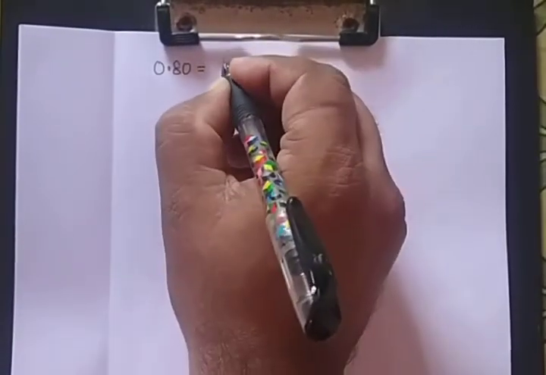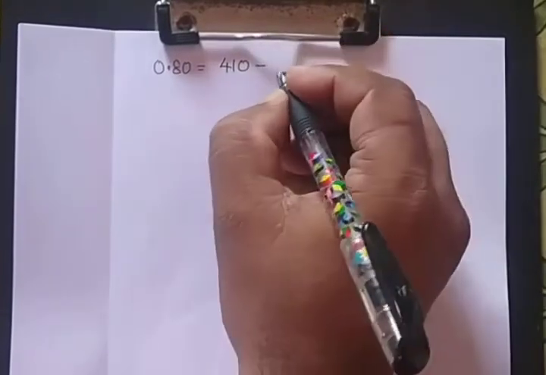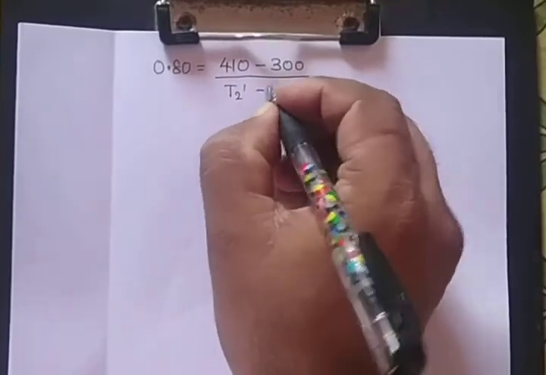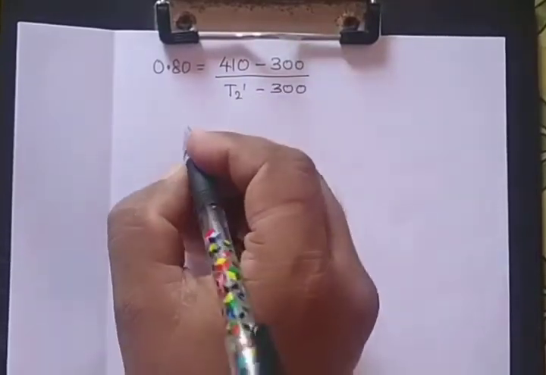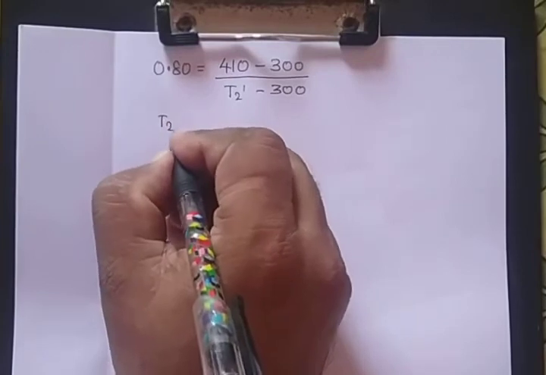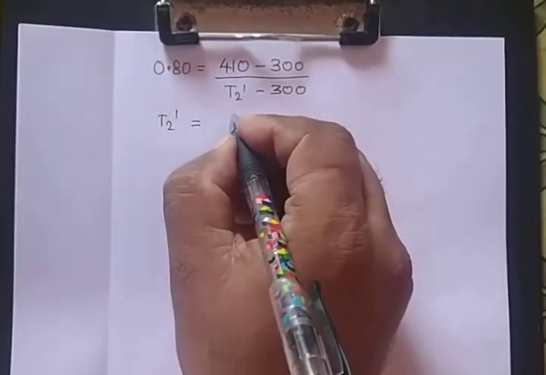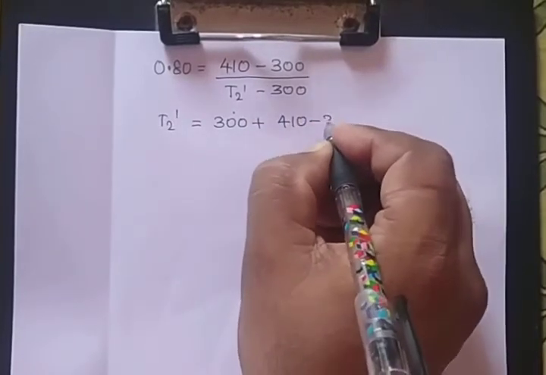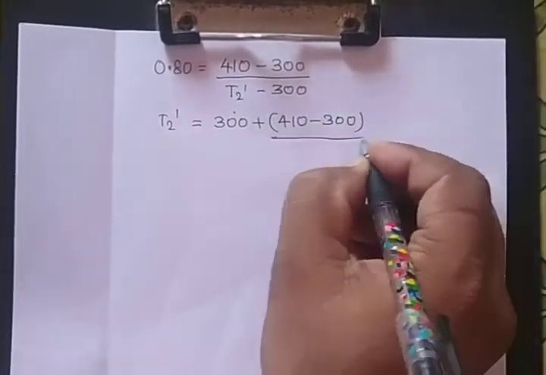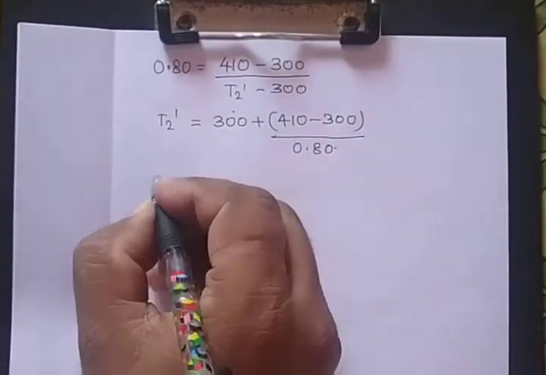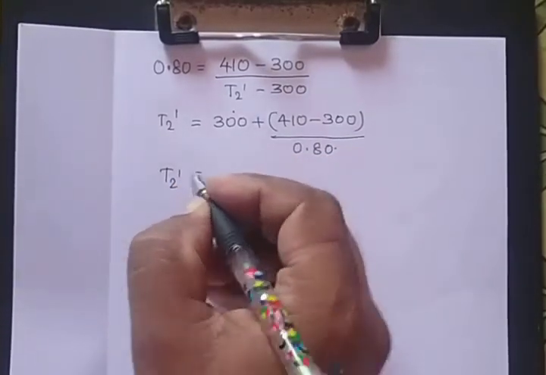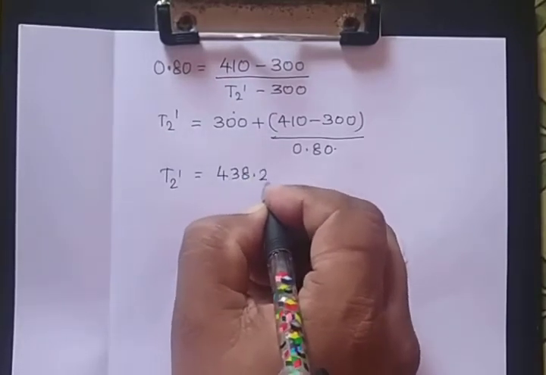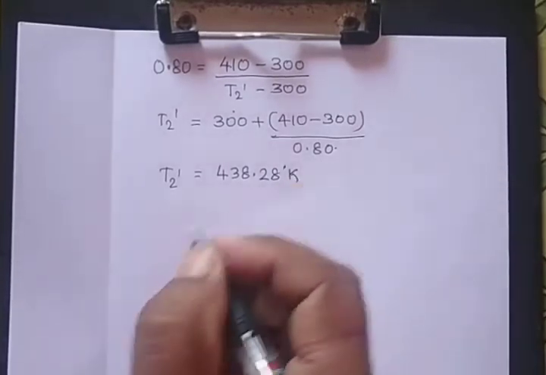Then T2 we have found out it is 410 minus T1 is 300 divided by T2 dash minus T1 is 300. So substitute, that is T2 dash will be equal to 300 plus (410 minus 300) divided by 0.80. So calculate the value of T2 dash. So you'll get it as 438.28 degrees Kelvin.